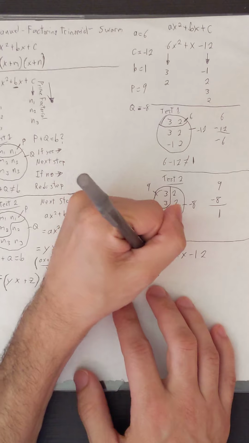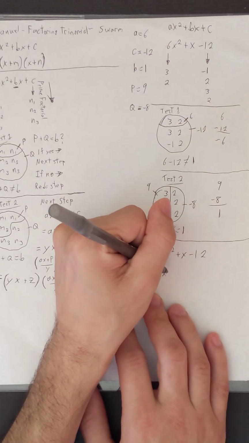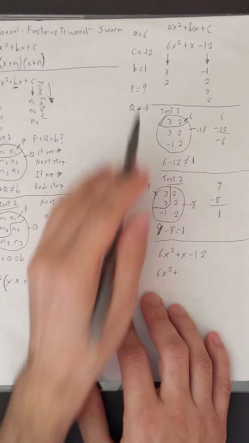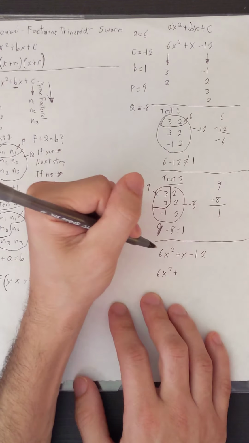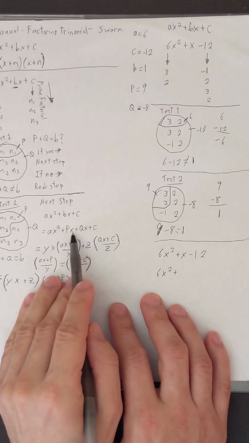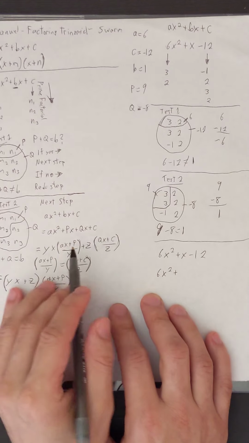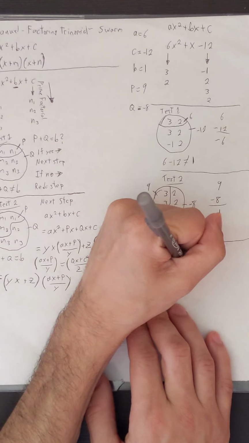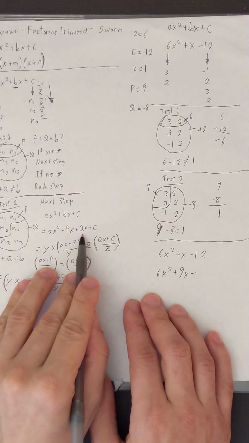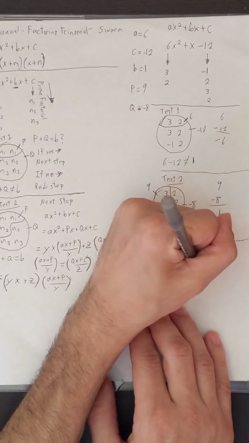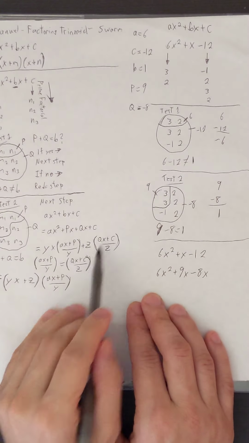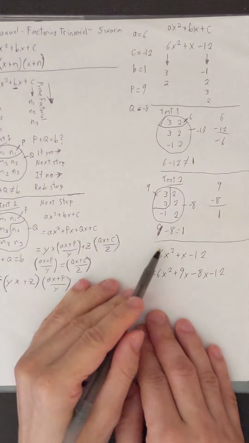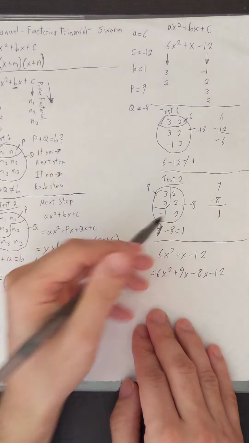So a is 6, x squared plus, but we know b is 1, but we're converting it, so we ignore b now. p equals 9. Okay, so 9x minus, because q is a negative, minus 8x, and then c stays the same, minus 12. Okay, so those are equal, and it apparently does. Yeah, they're equal, right? We know that.